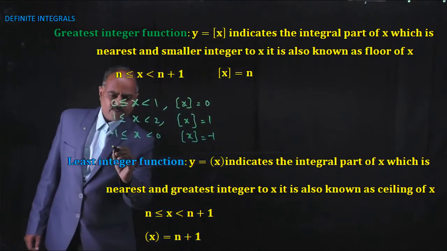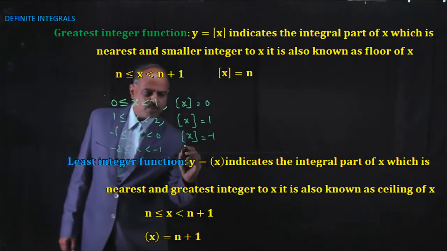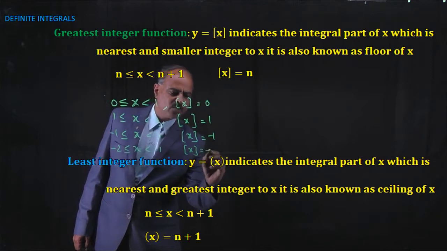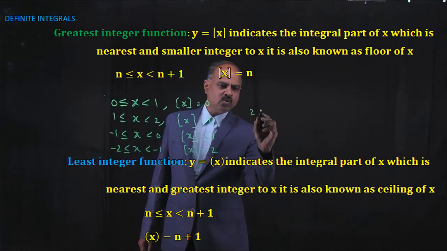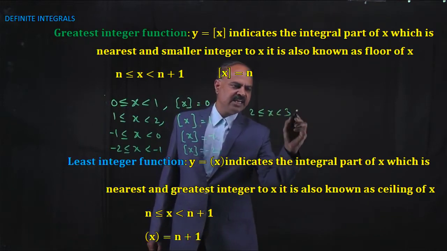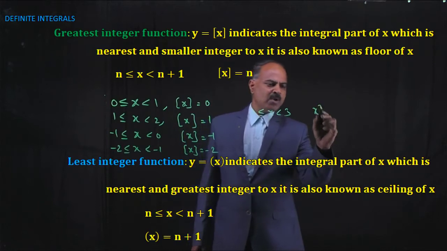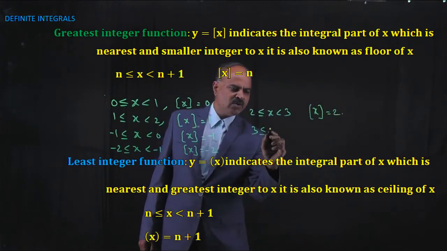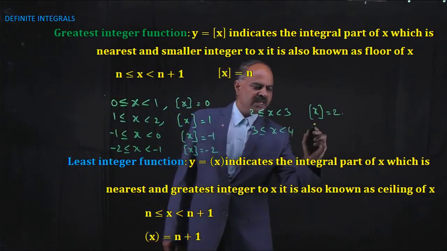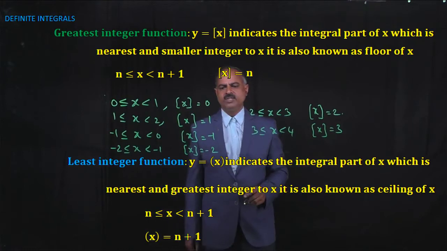Minus 2 less than or equal to x less than minus 1, so [x] equal to minus 2. 2 less than or equal to x less than 3, [x] equal to 2. 3 less than or equal to x less than 4, [x] equal to 3.